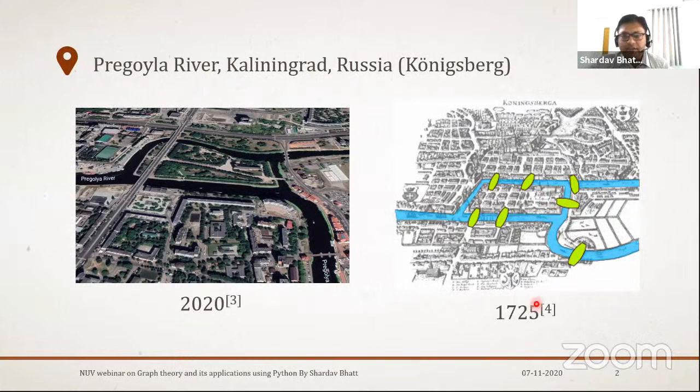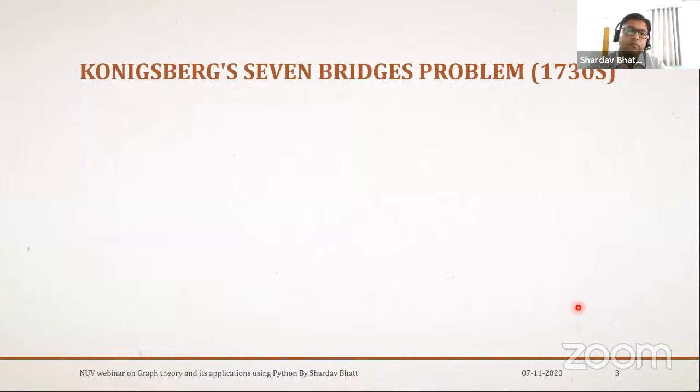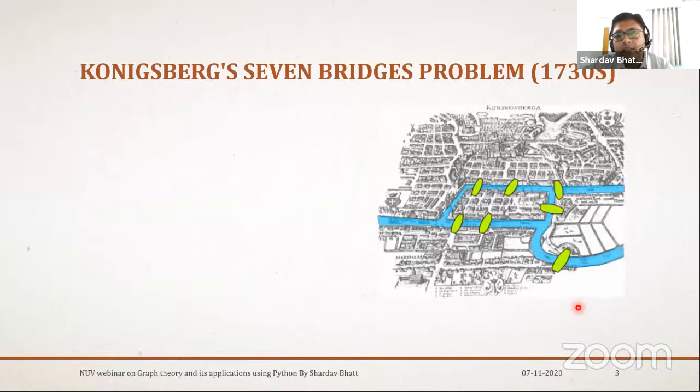So around 1725, the town people used to think of a problem which is now known as the Königsberg 7 bridge problem. People used to think: is it possible to start from one point, travel through all the bridges exactly once, and come back to the original point? It seems a simple problem, but there are some rules.